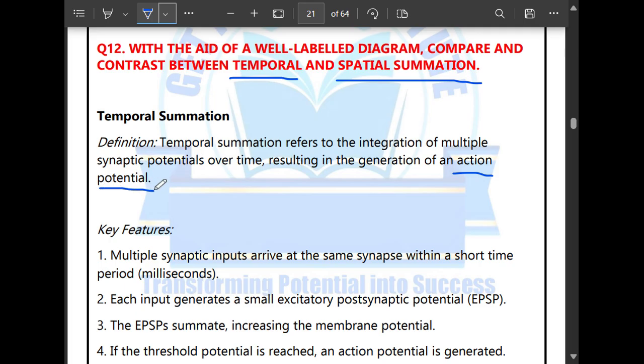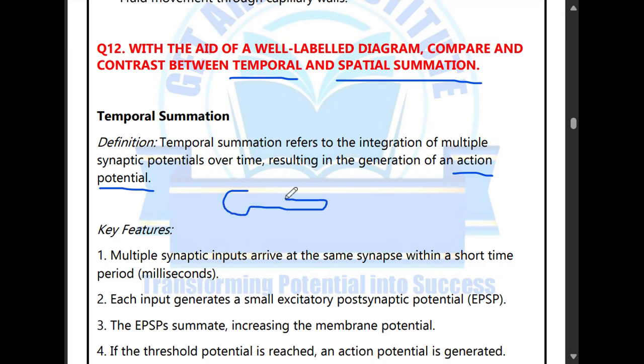Now, we assume this is a neuron, and then you also have a neuron like that. So this neuron is the one that is going to be firing on this other neuron.